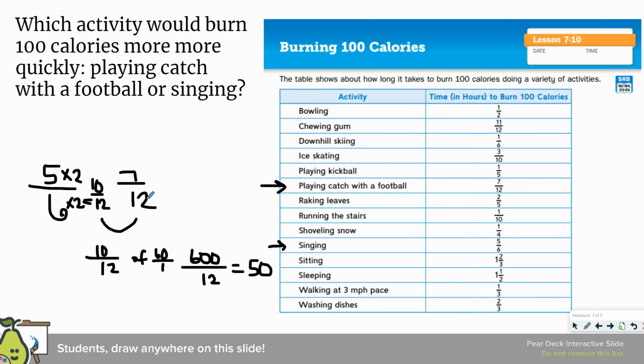When I do 7/12 times 60, I get over 12 here, and then I have 420. So I could do 420 divided by 12, but what I can tell you is that that is less than 50 minutes for sure. 42 divided by 12, let's see, we would get a 3 up here. So these are going to be in the 30 minutes.